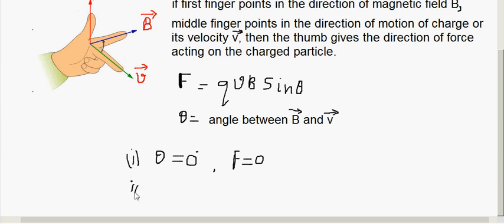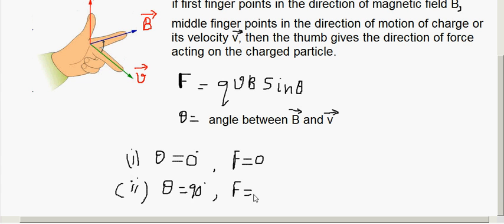Similarly, if your charged particle is moving in a direction perpendicular to the magnetic field, if theta is 90 degree, then your force will be maximum, F is qvB. So you can have different cases. In detail, I will explain all these things in the coming sessions.